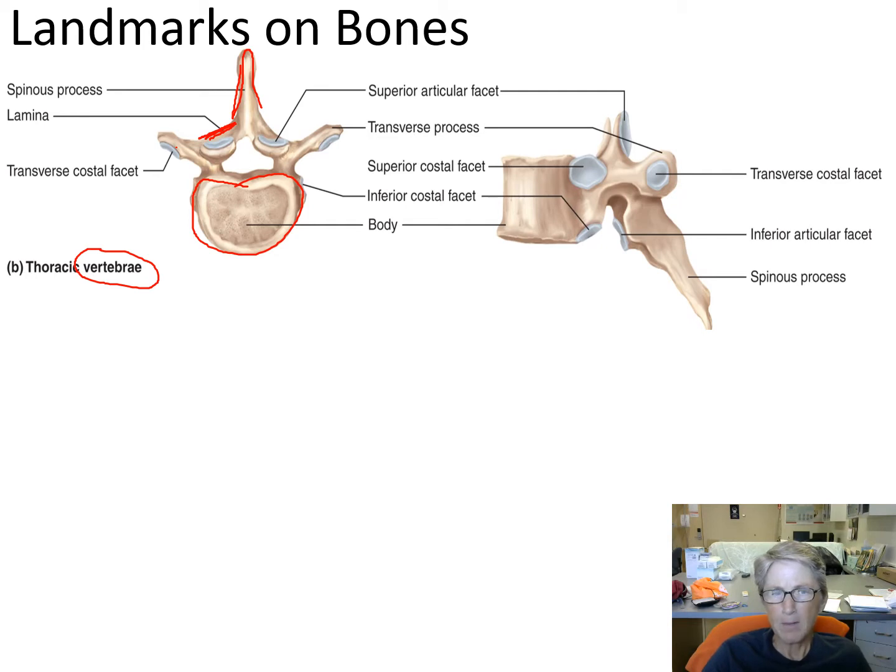And then, in addition to a spinous process, you have these transverse processes, and then you have these facets. So there's a lot of facets. There's a superior articular facet, superior costal facet, inferior costal facet, transverse costal facet. These facets are just places on the bone where other bones can fit.